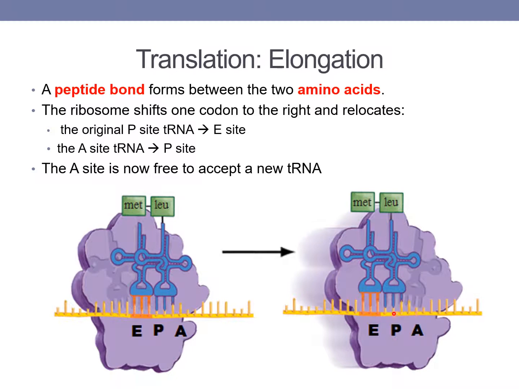The P site now contains that second transfer RNA with the growing chain of protein. The A site is now open to accept the next transfer RNA that's going to correspond to the next codon on the messenger RNA.